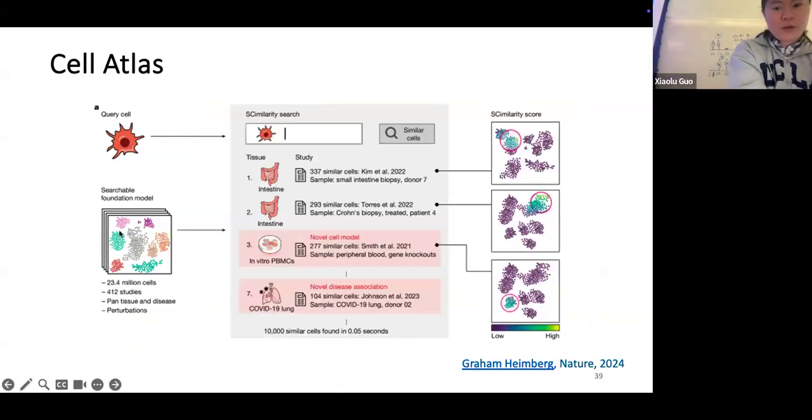Another cool paper is this cell atlas that just came out last year.